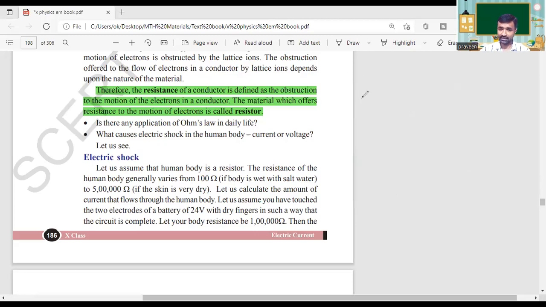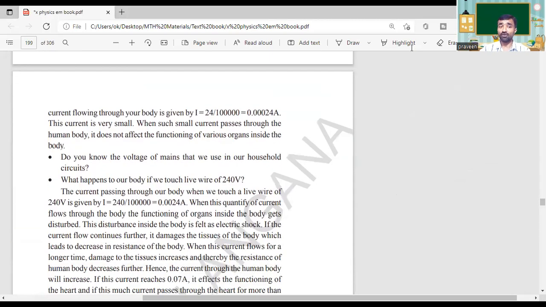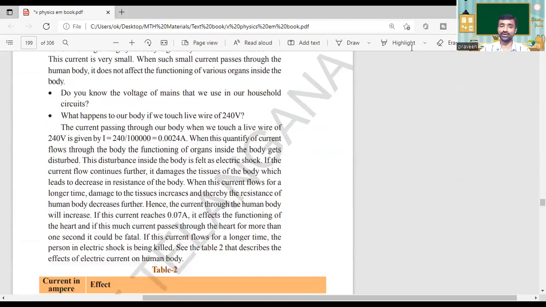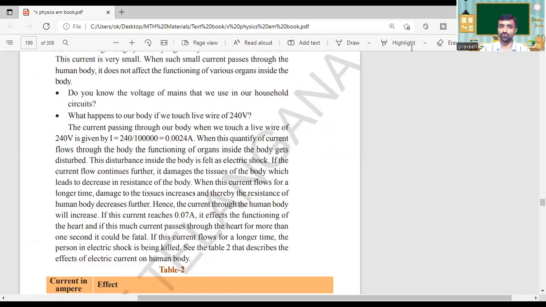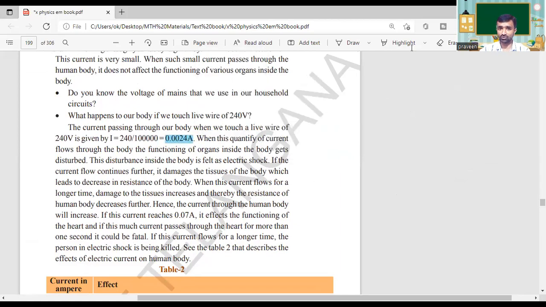So simply, if charge is allowed through your body, that is called an electric shock. What amount of current will give you a shock here? The amount of current 0.0024 amperes allowed through your body.